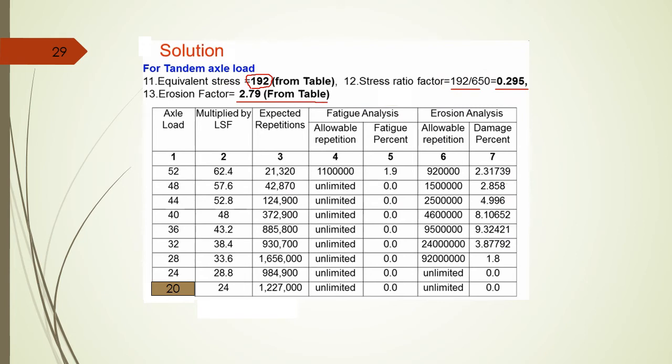These are the axle loads. They will be multiplied by the load safety factor, which is 1.2. You will obtain the axle loads multiplied by load safety factor, and then you will obtain directly the allowable repetitions, because the expected are given.